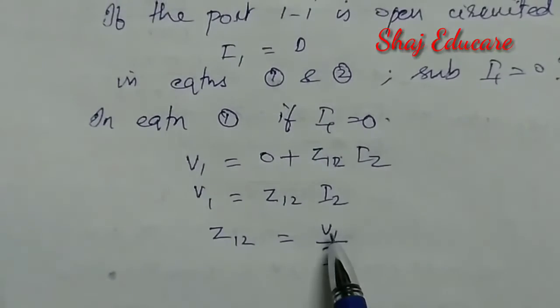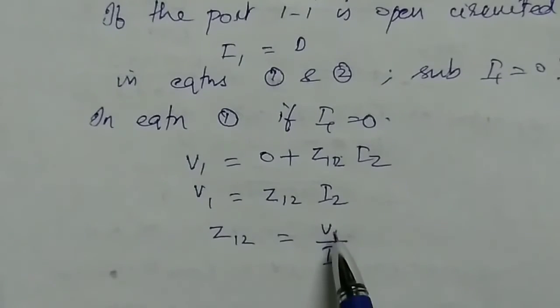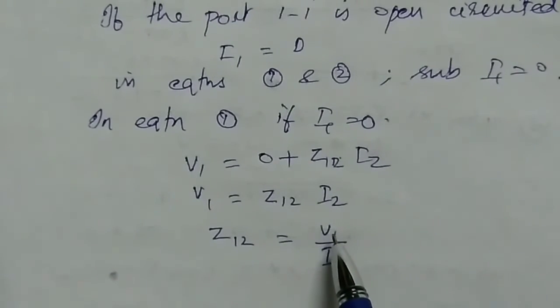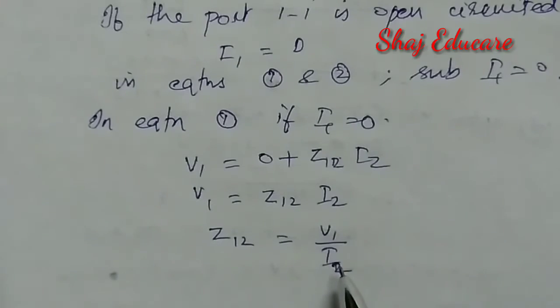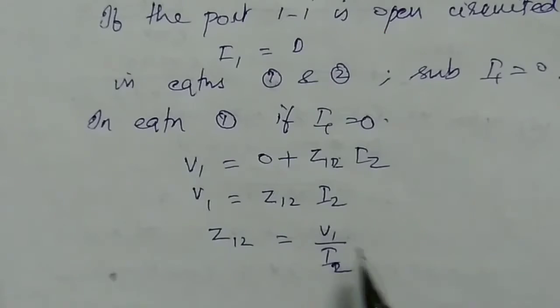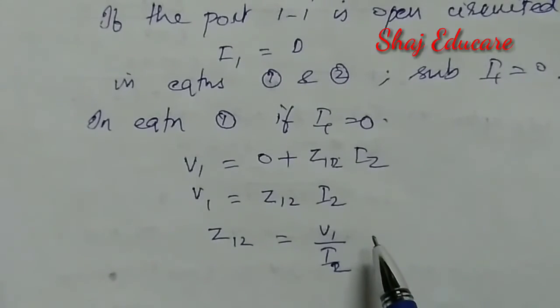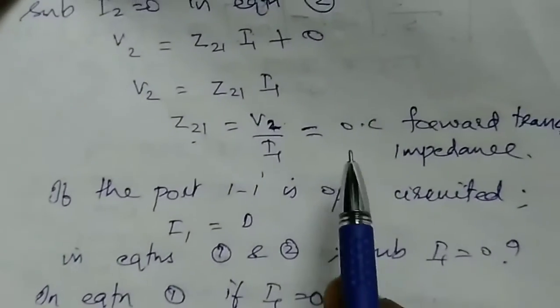Now again take a look. This is the ratio between voltage and current. V by I is simply the impedance, but V1 belongs to the input section. V1 is the input voltage, and I2 belongs to the output section. I2 is the output current. Input by output ratio, again this is known as a transfer ratio, as in the earlier case.